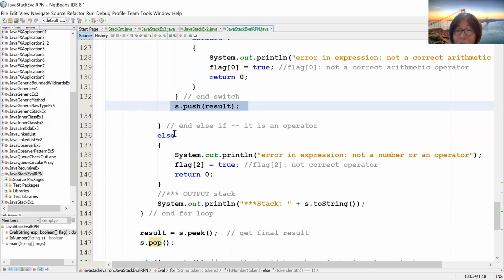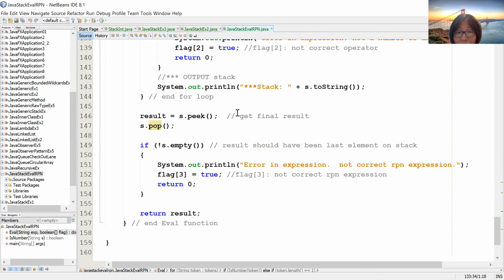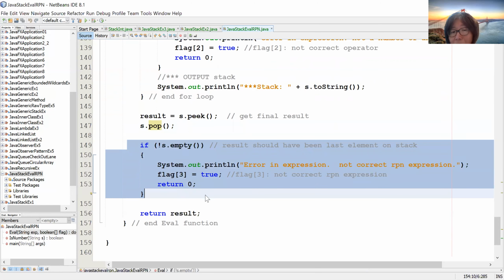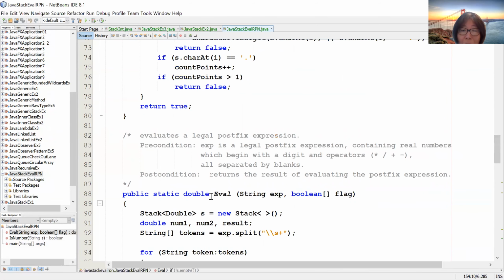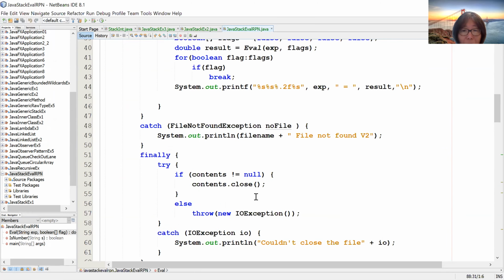You keep doing this within the loop like our algorithm shows. After you reach the end of the expression, you just get the last item out. So this program can also detect an erroneous expression in your postfix. Okay, so that's the major part of this function. This function does the postfix evaluation algorithm.